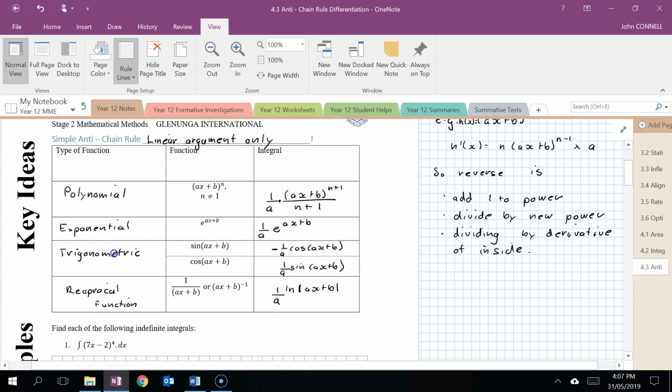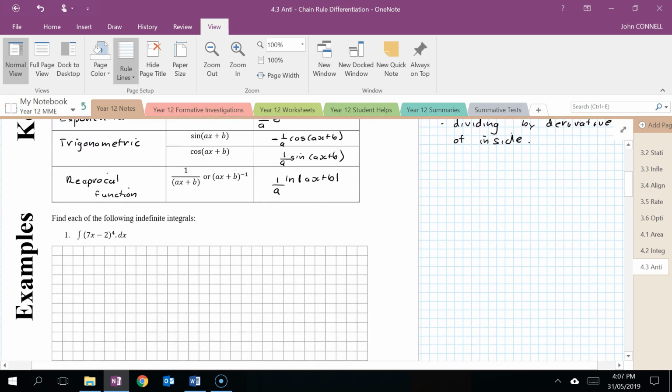So in every case, provided that there's a linear argument, we will be able to divide by the derivative of the inside out the front. But if there was a quadratic in here, or if it was a cubic or anything else, even if it was cos or sine, we would not be able to follow this process. We would not be able to integrate.